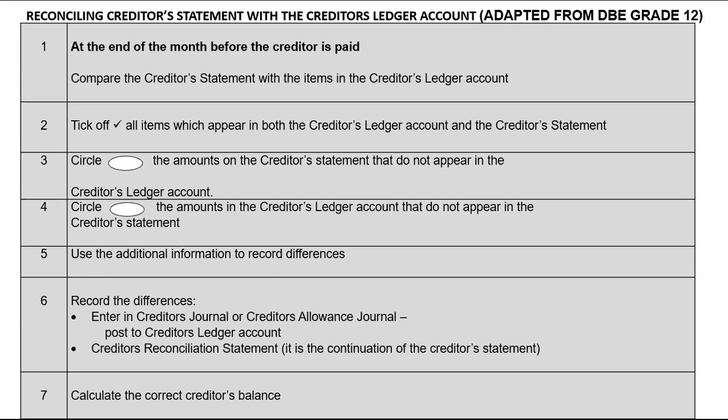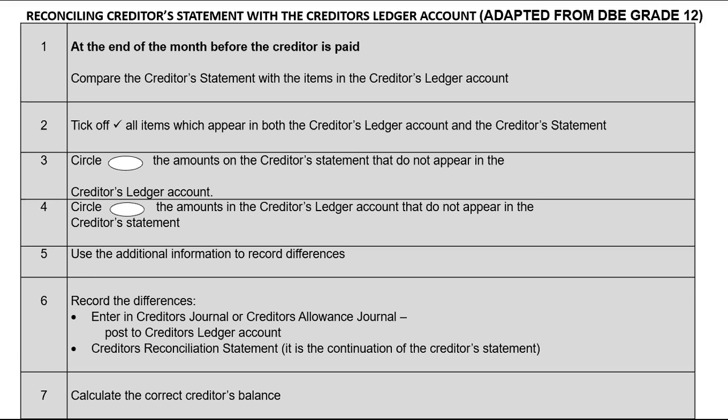Remember, I said the creditor's statement is a debtor's ledger, but it was prepared by the creditor. And the creditor's ledger is prepared by us. So you compare the credit side of the creditor's ledger with the debit side of the creditor's statement. We'll do it shortly. If the amounts appear in both the statements, you tick them.